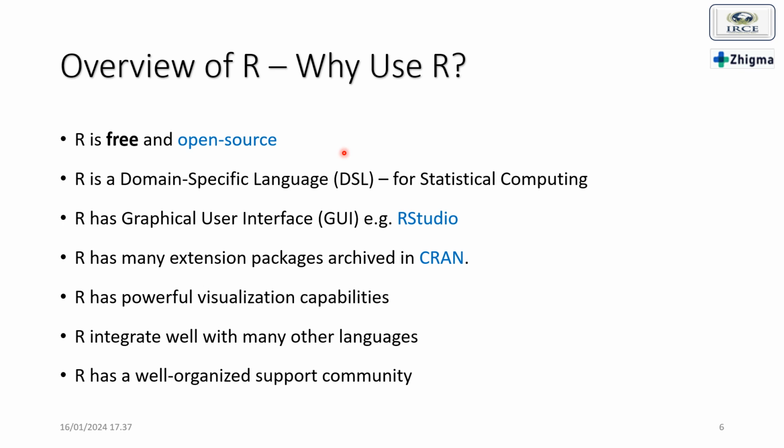And above all, R has a very extensive, well-organized support community where, if you have a problem, you can put it there and you are rest assured there's someone who will respond. Someone has probably encountered a similar problem before and they'll provide solutions.